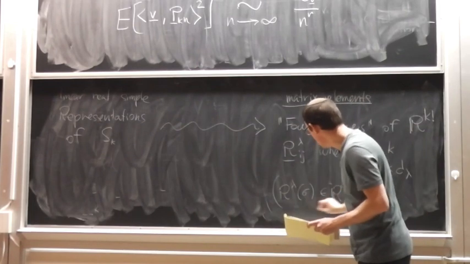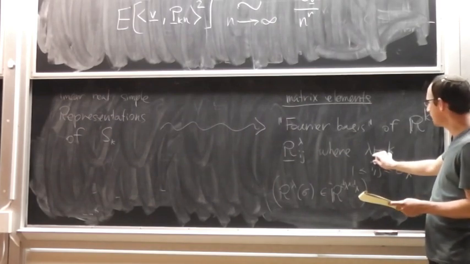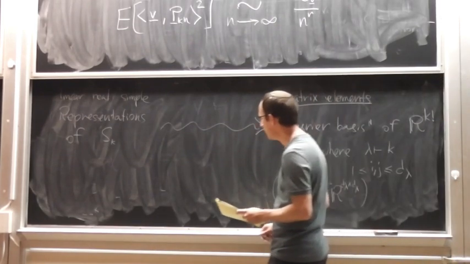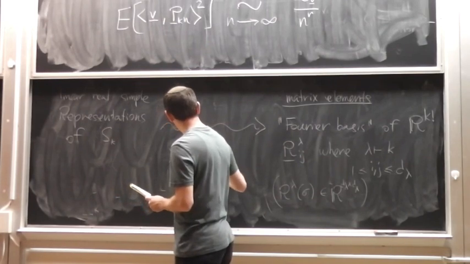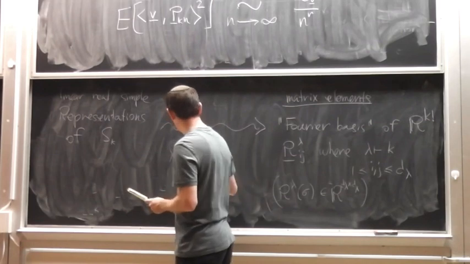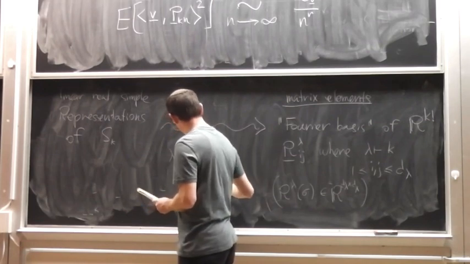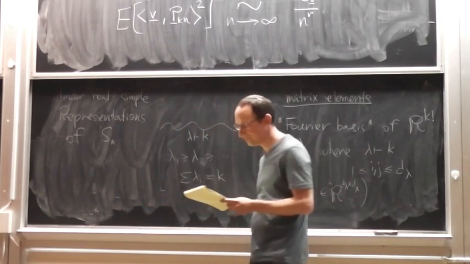This is only to explain why they are called matrix elements. You know partitions, right? It's a non-increasing sequence of numbers such that the sum of them is equal to k. So this is a partition of k.